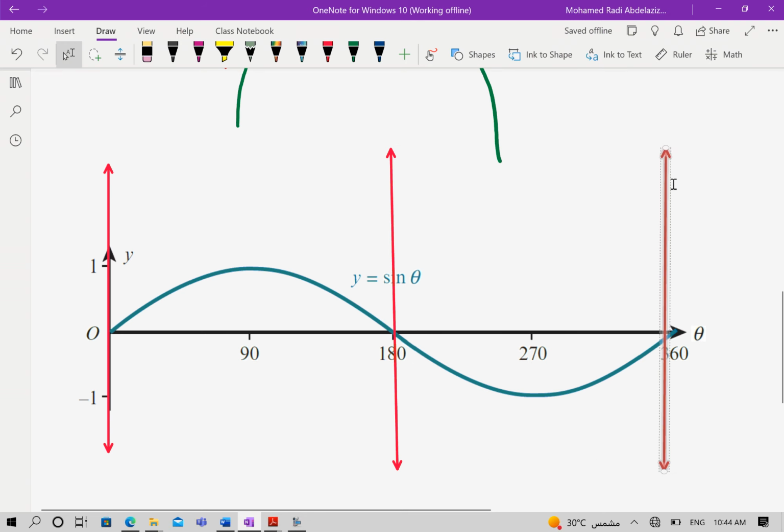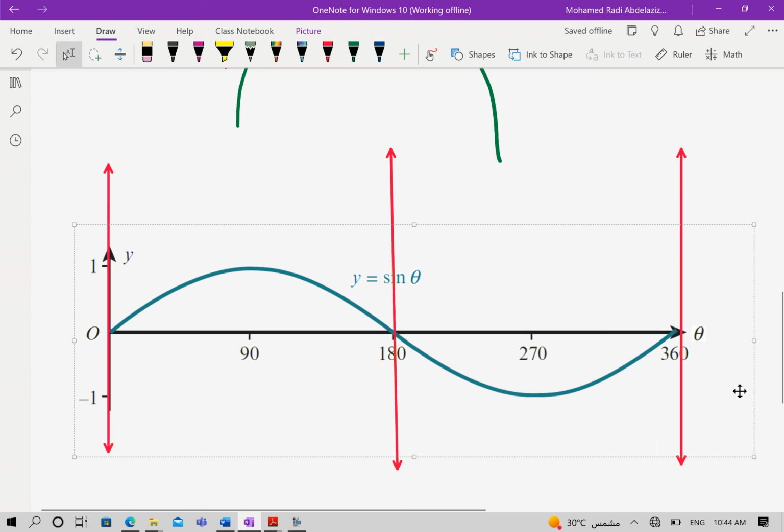And reflect up about 1 and down at negative 1. How?